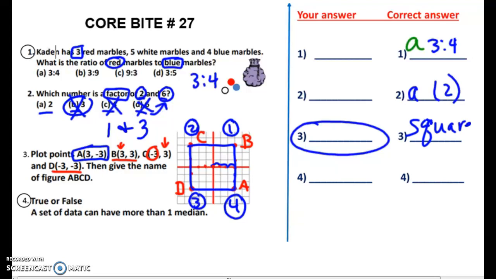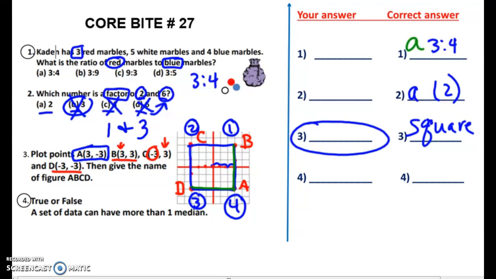If you look at the shape that was formed when we graphed all 4 points of our ordered pairs, you see that this is 1, 2, 3, 4, 5, 6 units on this side, and 1, 2, 3, 4, 5, 6 units on that side. Because the sides are equal, that forms a square.